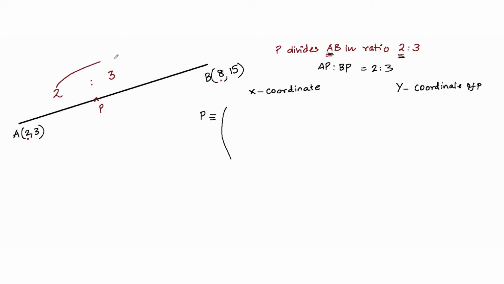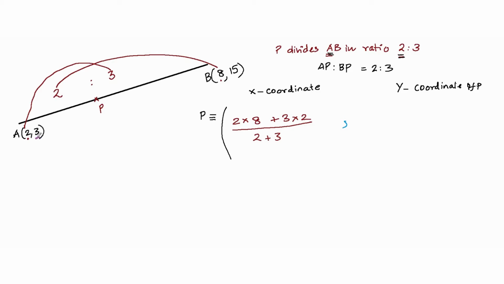So I will multiply 2 with 8. So it's going to be 2 into 8 plus 3 multiplied by 2, the whole divided by the addition of these ratios, which is 2 plus 3. Now if I wish to find the y coordinate, then I will have cross multiplication of the y coordinates.